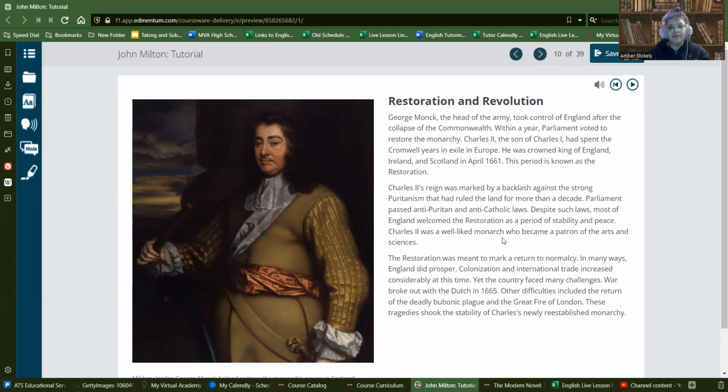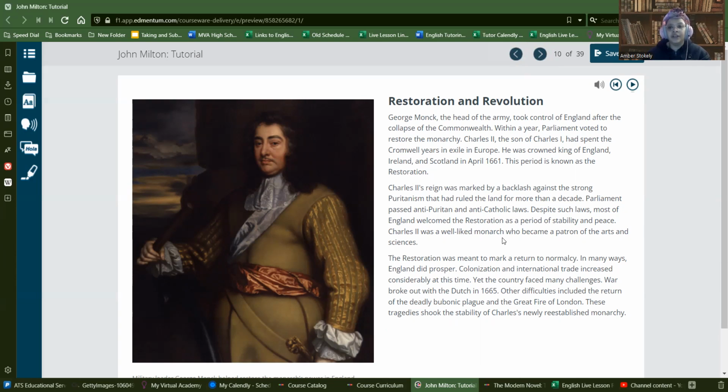While he was king, England did do a bit better. There was some colonization and internal trade that increased at the time. And despite that, there were some challenges, because they were just coming out of war. They ended up getting into more fighting with the Dutch in 1665. And then there were other things.